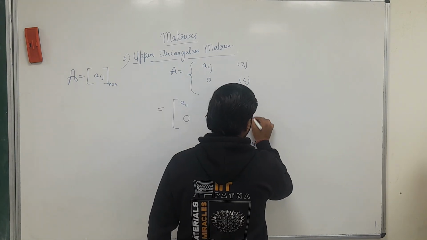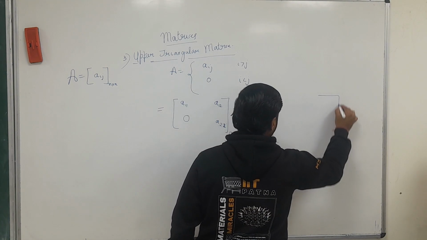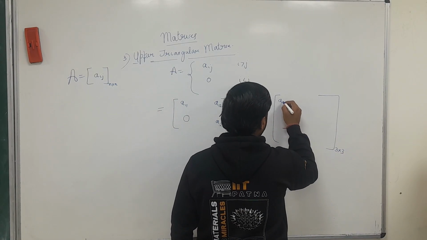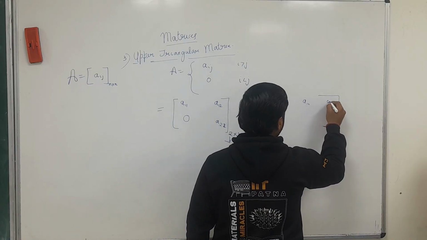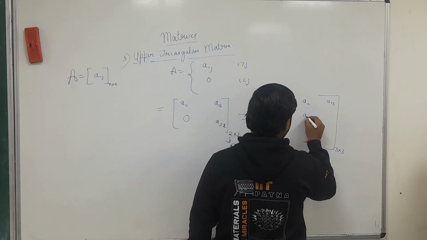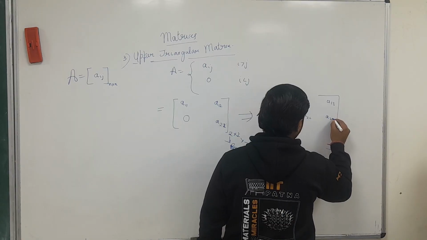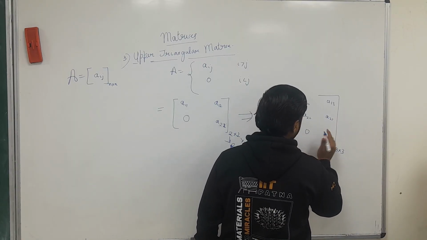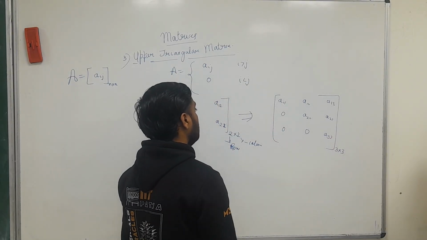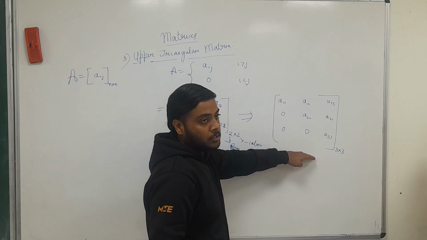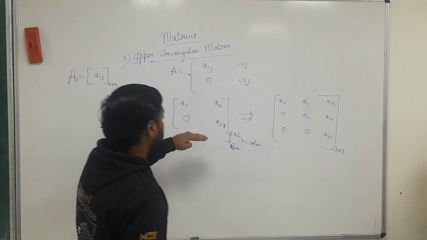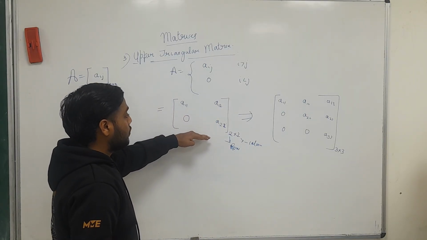And in a 3 cross 3 matrix, the entries will be a11, a12, a13, 0, a22, a23. The upper triangular matrix will look like this, and in second order the upper triangular matrix will look like this. Okay.